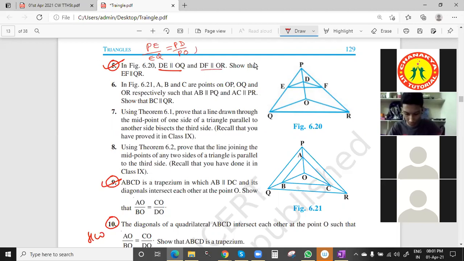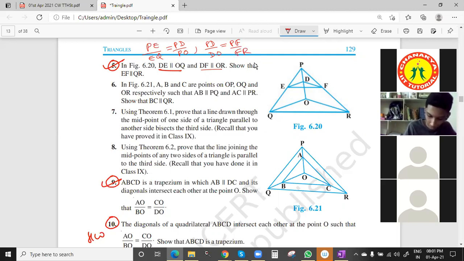This is the first. Second one, DF parallel to QR, so this will be PD by DO equal to DF by FR.